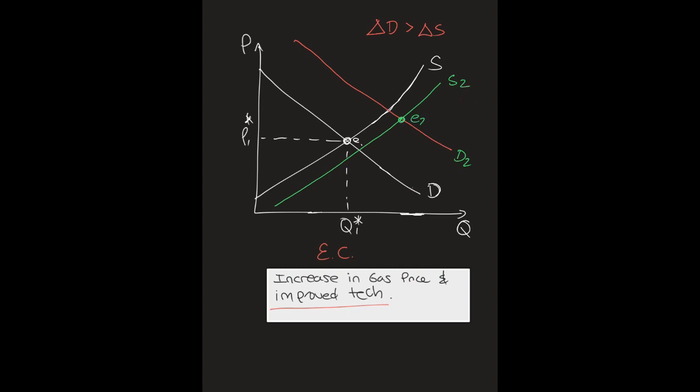We have our new equilibrium E2, except in this case we notice that Q2 star again definitely is increasing. But what happens to the price? Price has gone up. So when we get an upward change in demand that is greater than the upward change in supply, we end up with an increased price and an increased quantity.